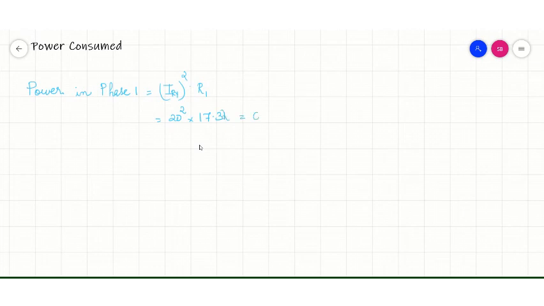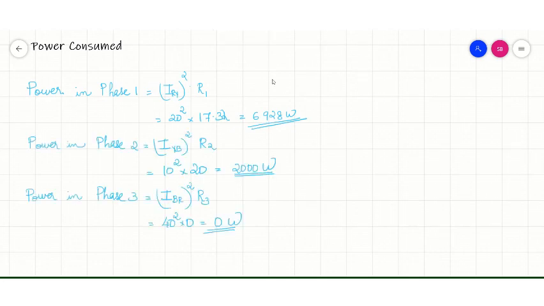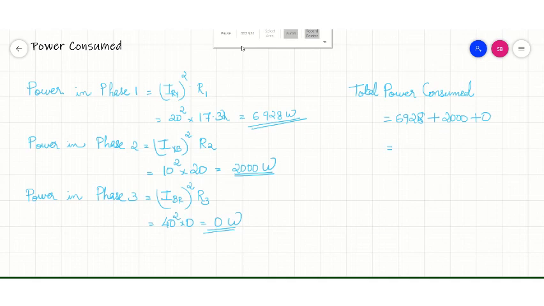That is equal to 6,928 watts. Similarly, power in phase 2 and phase 3 should be calculated. Then the total power consumed is the sum of these 3, 8,928 watts. The total power consumed.